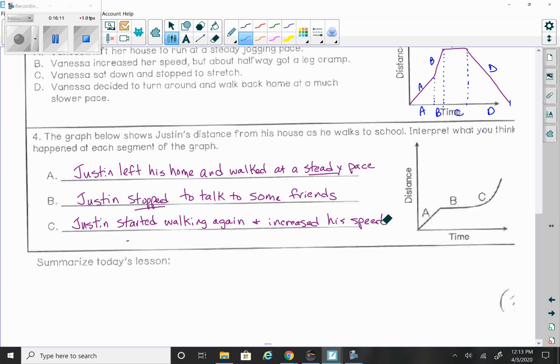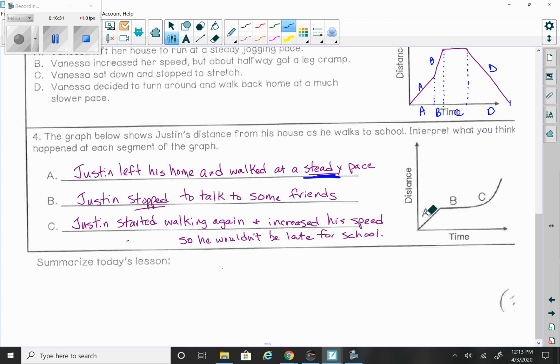Well, why would he increase his speed? Maybe so he wouldn't be late for school. And again, that's where I said you can be a little creative trying to figure out why he would increase his speed.